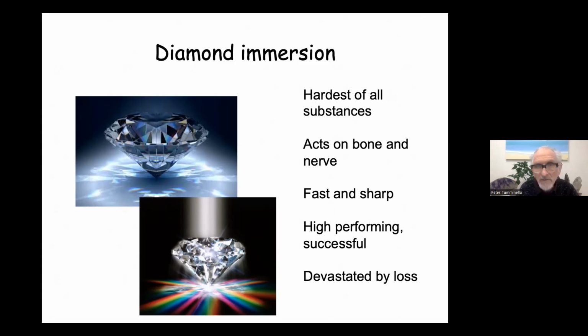And a classic feature of the diamond immersion story is being devastated by loss. So if you just think more deeply, and I'm sure some of you already cottoned onto this, these are both the same substance, pure carbon. They're nothing else but carbon.